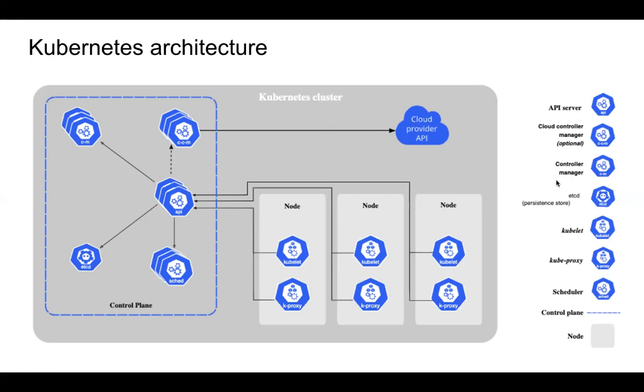So controller manager, sorry. And then you have different nodes. These are the worker nodes where your pods containing your containerized application actually run. Okay. And kubelet is the one that manages those pods, that manages those runtimes.